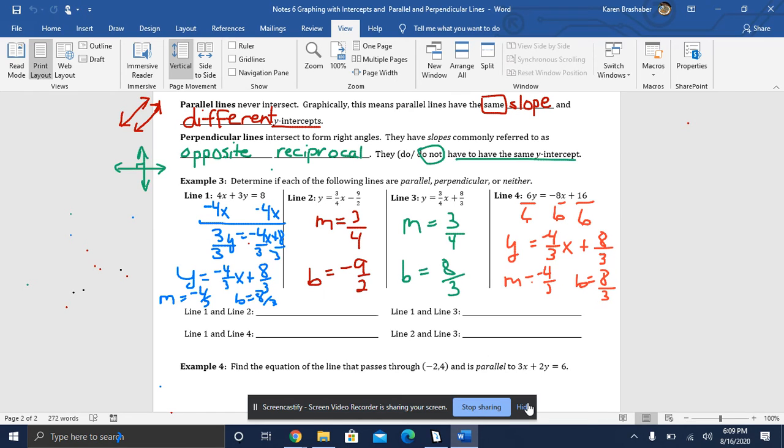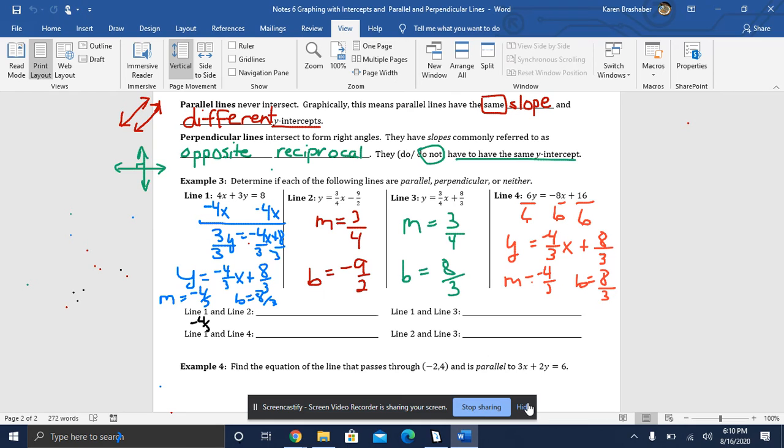Now we're going to pair up our lines and decide whether they are related by being parallel, perpendicular, or neither. I'm starting with line 1 and line 2. I first want to compare the slopes. Line 1 has a slope of negative 4/3.